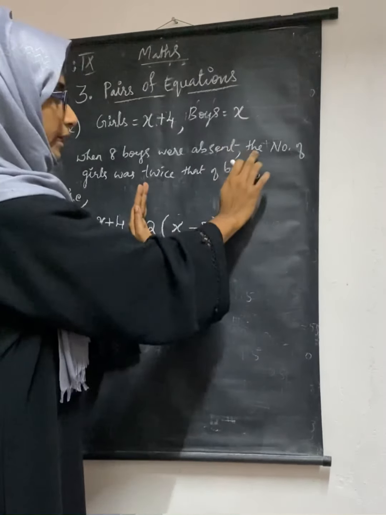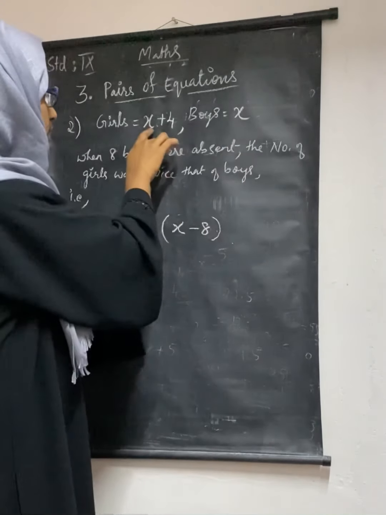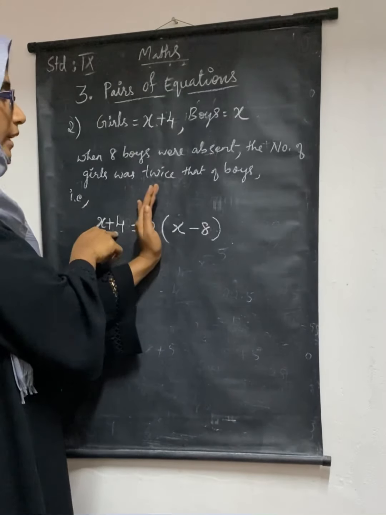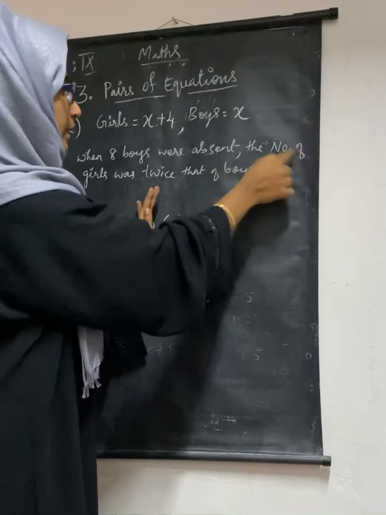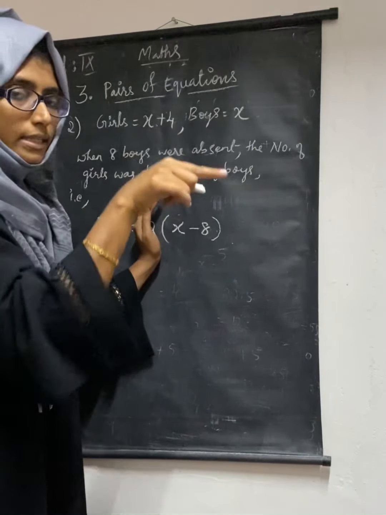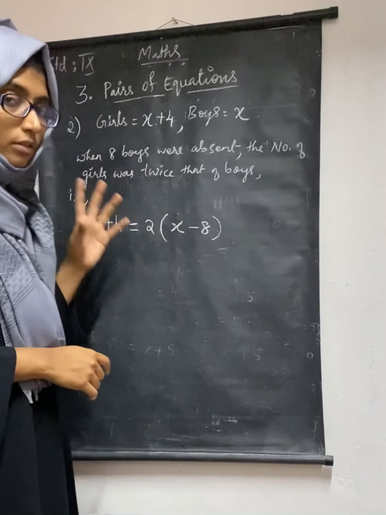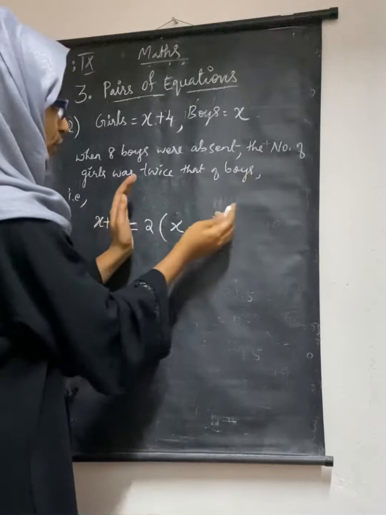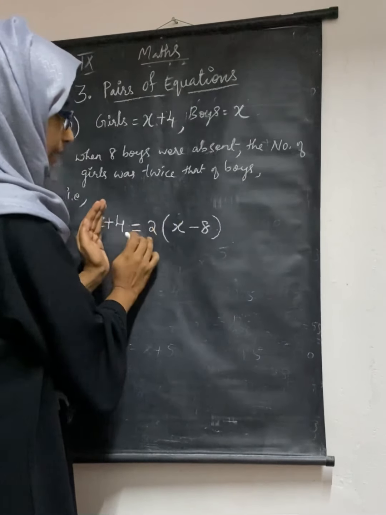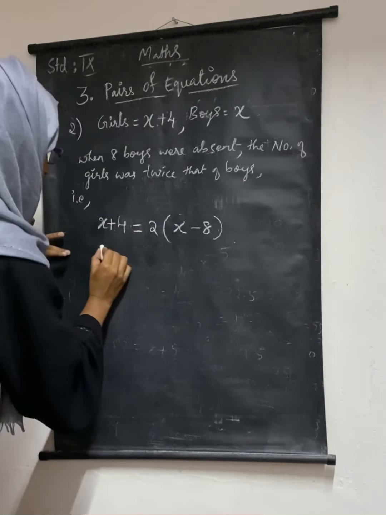That time all girls are present, x plus 4. The number of girls was twice that of boys. Twice means double, multiplication by 2, so the boys' number you have to double.